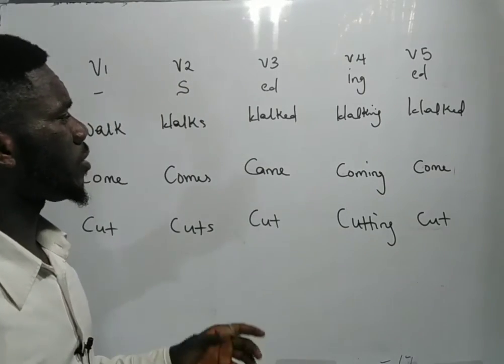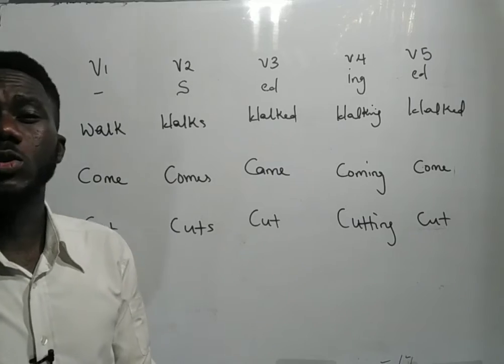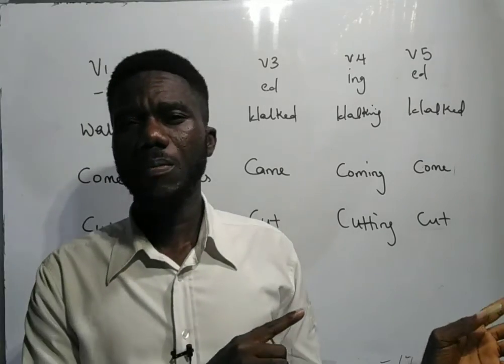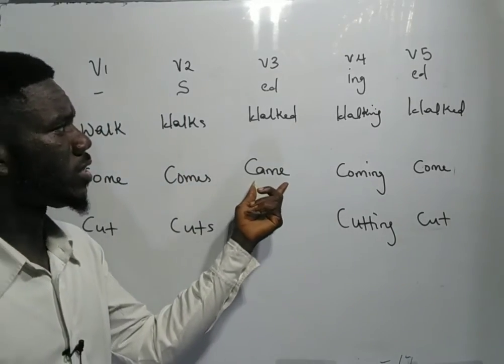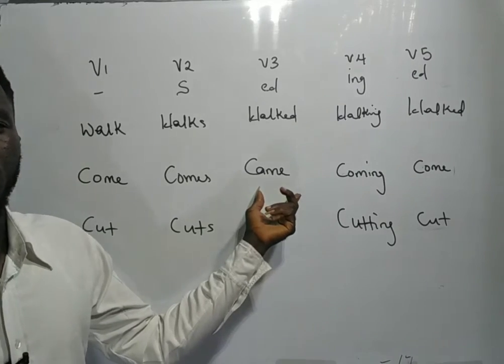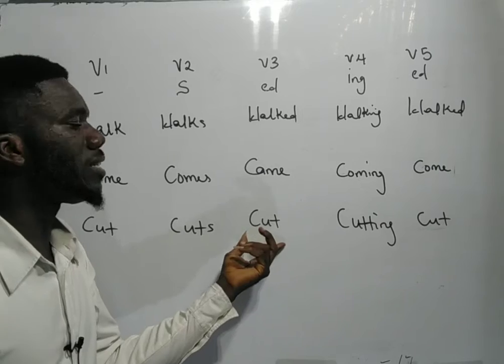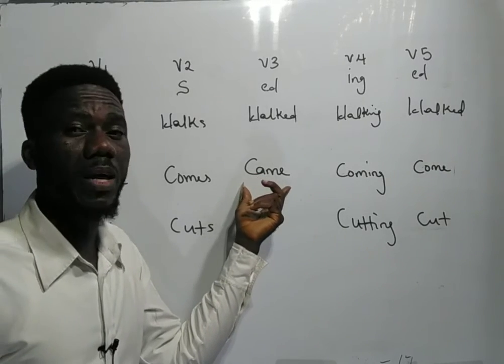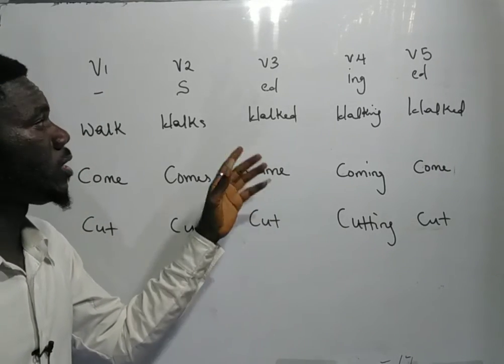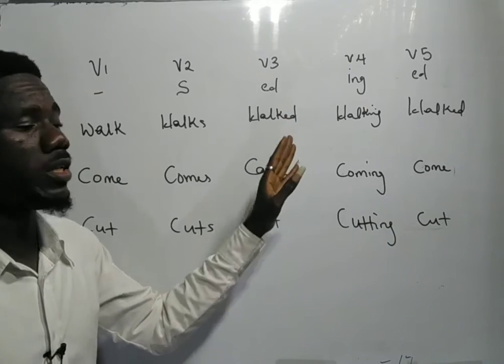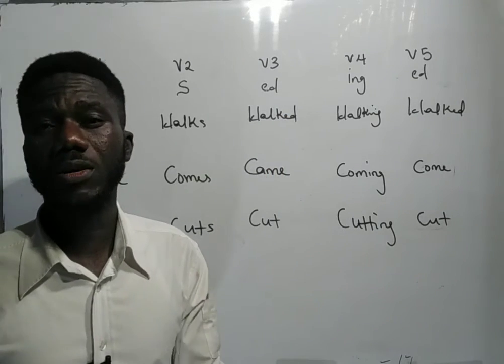All right. Whenever you come across any verb that does not obey this, maybe it comes here and changes its spelling, or rather it comes here and refuses to take this ed, whether it maintains its spelling or it changes its spelling, that is the way it appears. Now, once it refuses to take this ed, that verb is an irregular verb.